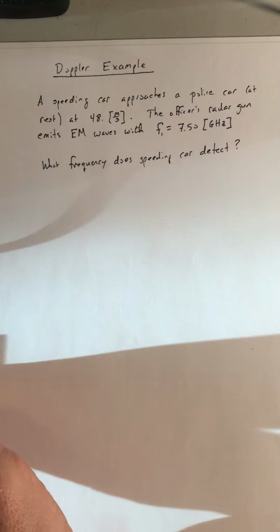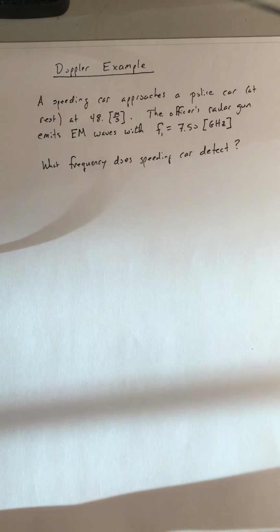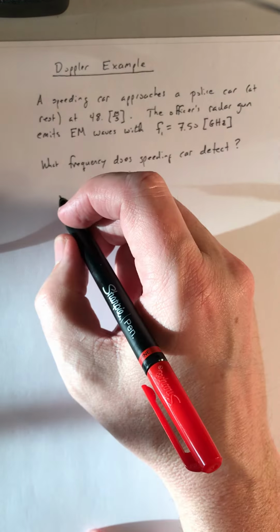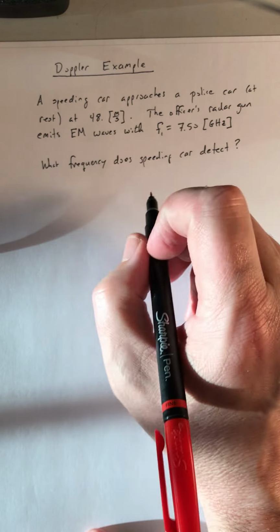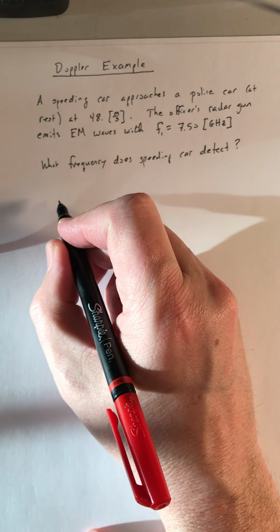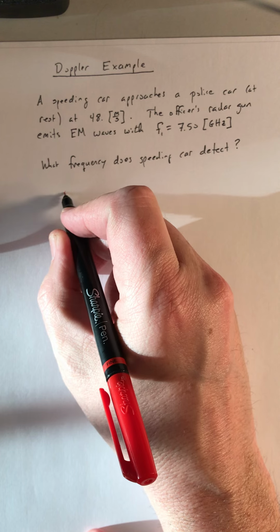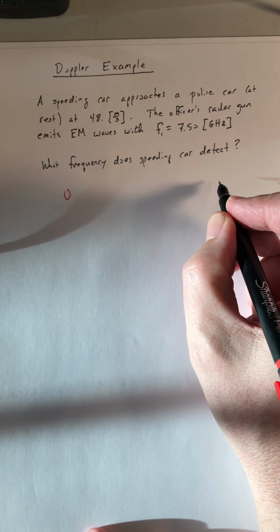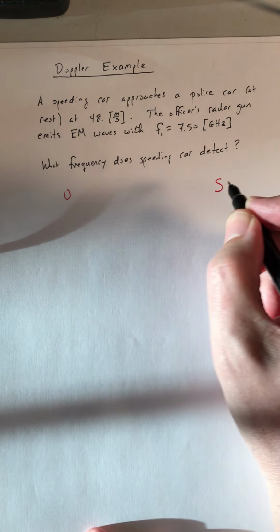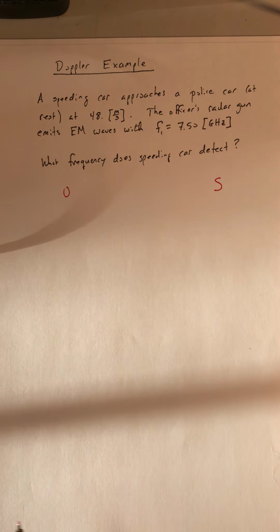All right, so let's draw a little cartoon for the first Doppler shift so we can address what frequency that speeding car is going to reflect. So I have our observer and our source of electromagnetic waves.